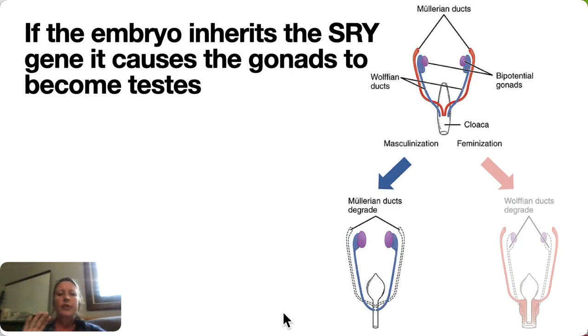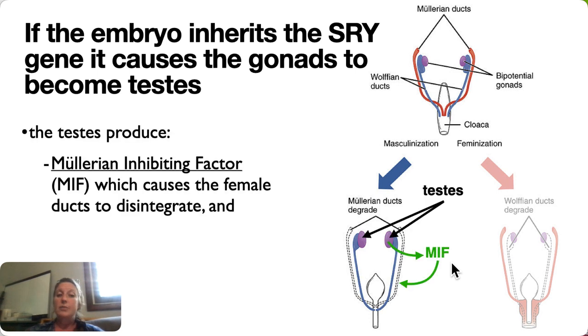Okay, so if our embryo inherits the SRY gene, it causes these gonads, that can be either thing, to develop into testes. And the testes begin to produce Mullerian inhibiting factor. Now, just the name tells you what it's going to do.